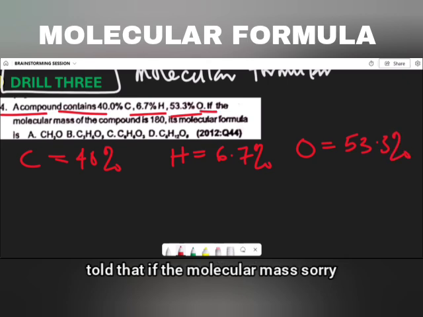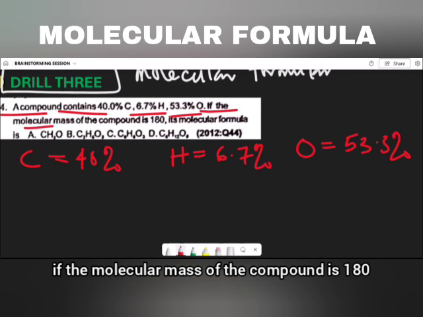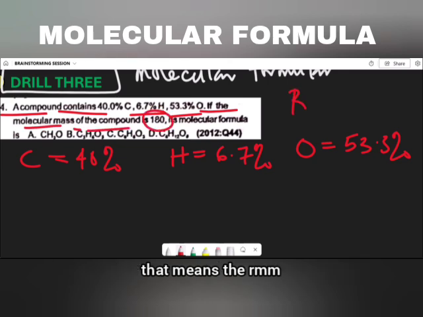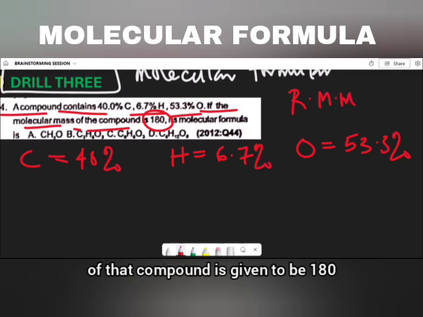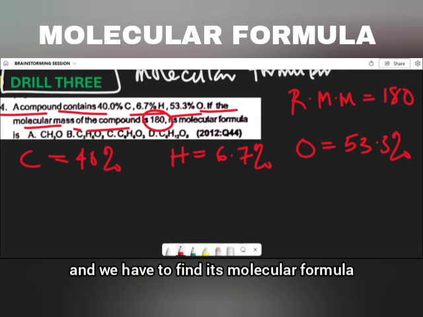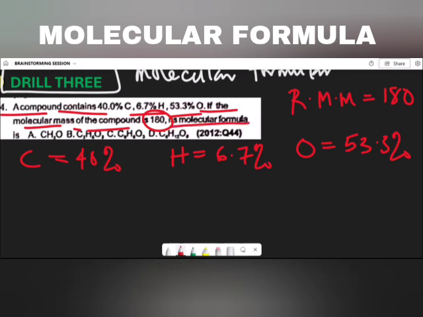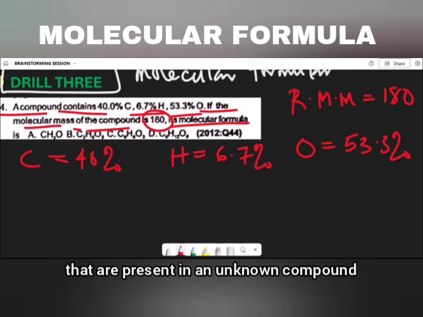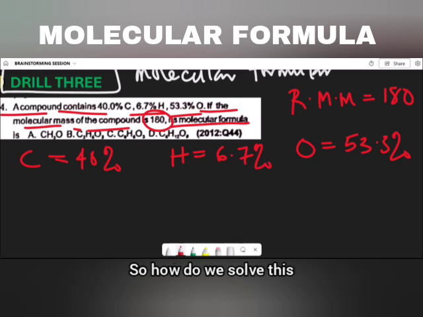And we are told that the molecular mass of the compound is 180, that means the RMM of that compound is given to be 180, and we have to find its molecular formula, which is the actual number of atoms that are present in an unknown compound. So how do we solve this?